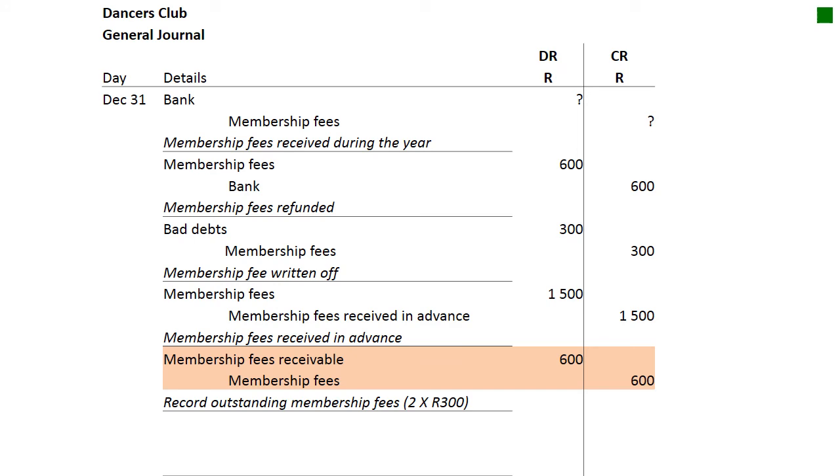So we have 2 members owing 300 each, so that means we have to create membership fees receivable. That's an asset, a debtor, owing us 600 Rand, and we're going to credit income membership fees because that's income that we've earned for the period, even though we haven't received the amount.